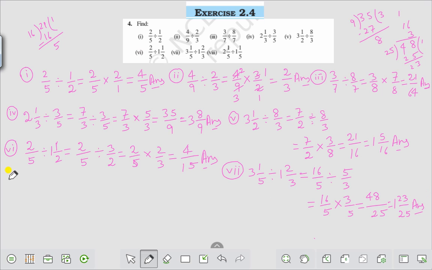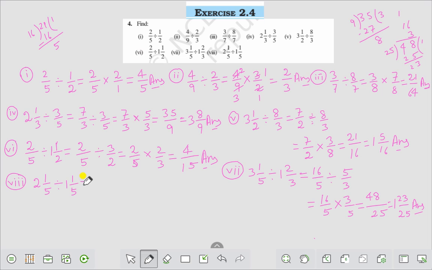Now question number 8. Question number 8 is 2 whole 1 by 5 divided by 1 whole 1 by 5.